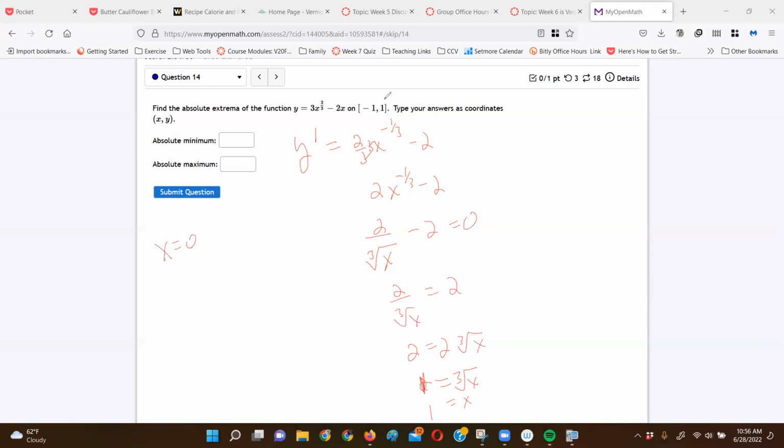And it happens, notice that also becomes the endpoint. So I'm going to test -1. I'm going to test 0. I'm going to test 1. F of x. Let me do some erasing here.